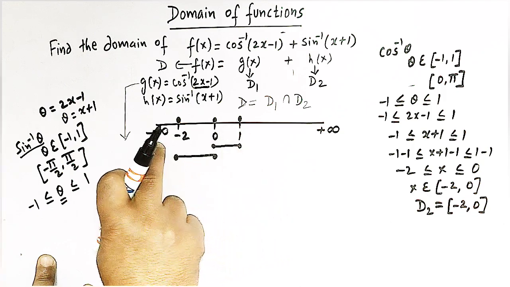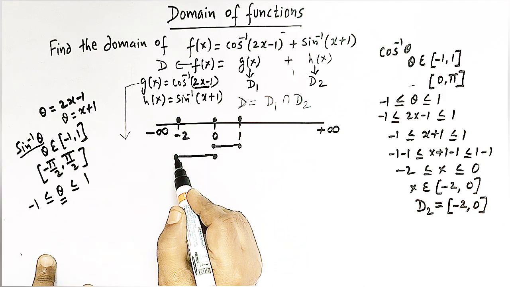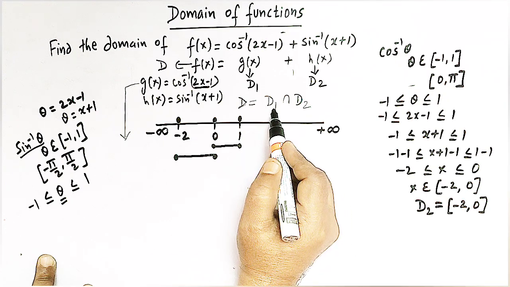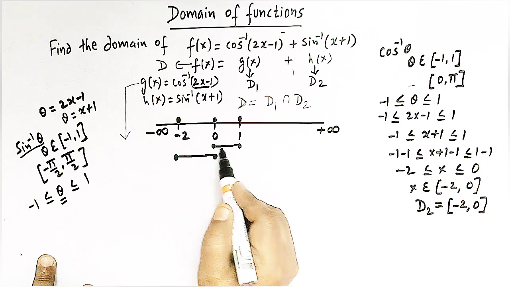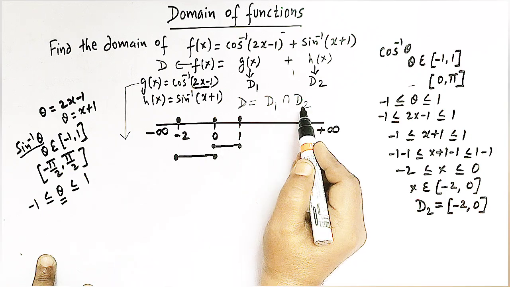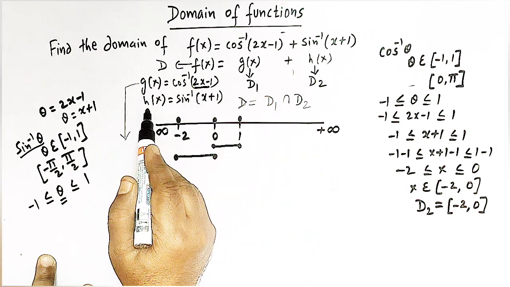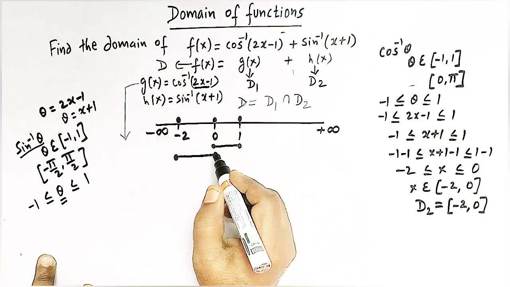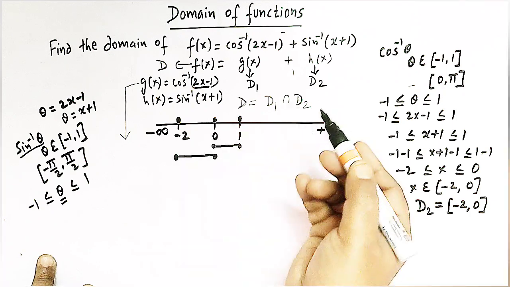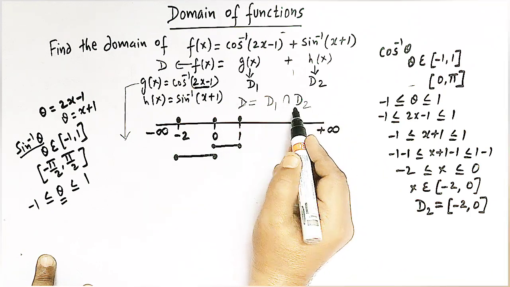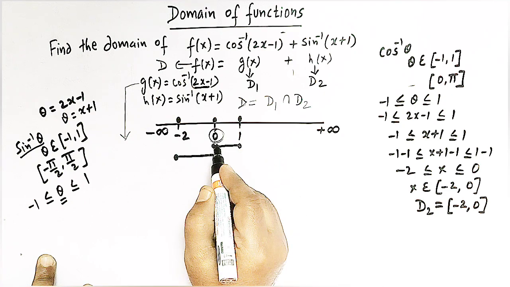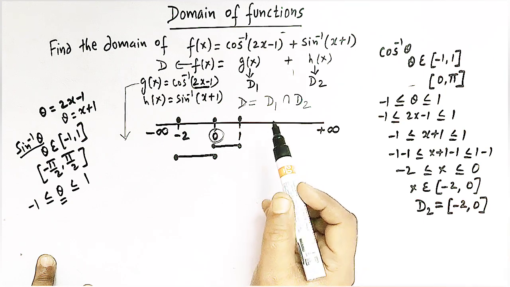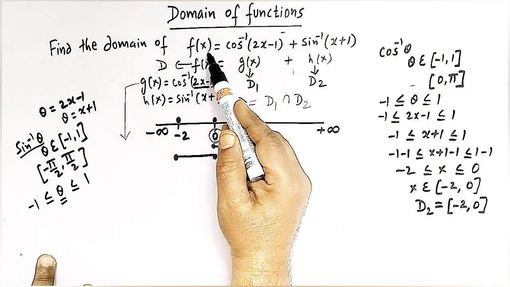From this diagram, we can see that the portion minus 2 to 0 is not included in the domain of d1, and the portion 0 to 1 is not included in the domain of the function h of x, that is d2, right? And the only common point that belongs to both the domains is 0, right? So here we have only one point in the domain of the function f of x.